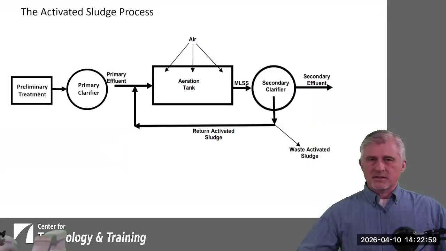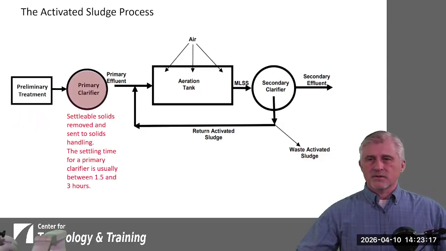So here's basically the activated sludge process. The wastewater comes in into the preliminary treatment, and here we experience some screening, some grit removal, taking out the large things. The next thing we do is go into the primary clarifier, and that's where the settleable solids are removed.